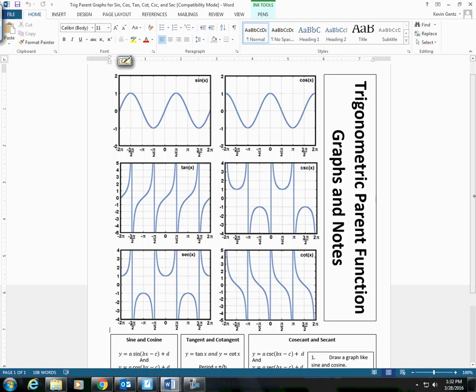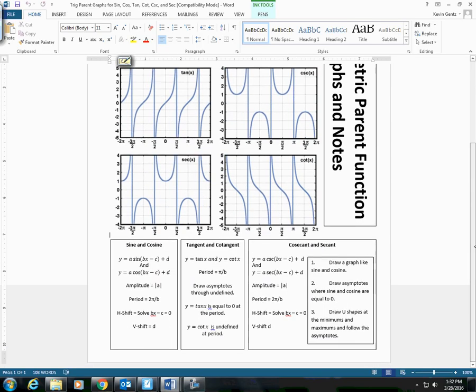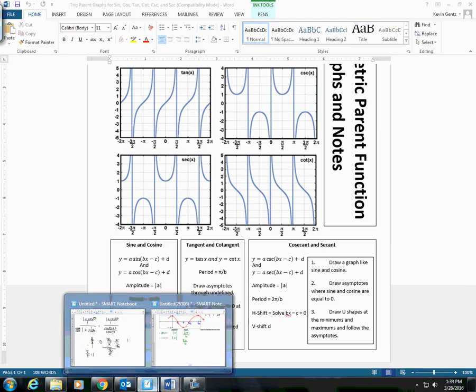What you want to be able to do is you can see that these are the parent graphs. If you'd like to draw the x-axis and the y-axis a little bit better in there, a little bit darker, you can go ahead and do that. But I tell you right here, sine and cosine, the amplitude is the absolute value of A. The period is 2 pi divided by B. So those pieces are readily available for you, okay? So I give you that information.